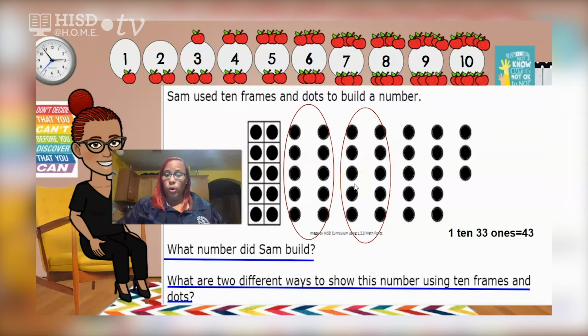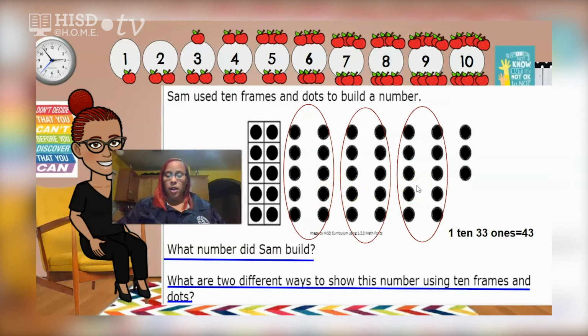Are there any more 10s left? Let's count and see. 1, 2, 3, 4, 5, 6, 7, 8, 9, 10. There is another group of 10. So now we have 10, 20, 30, 40.